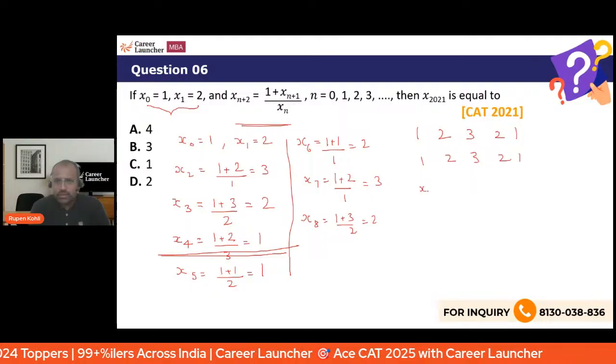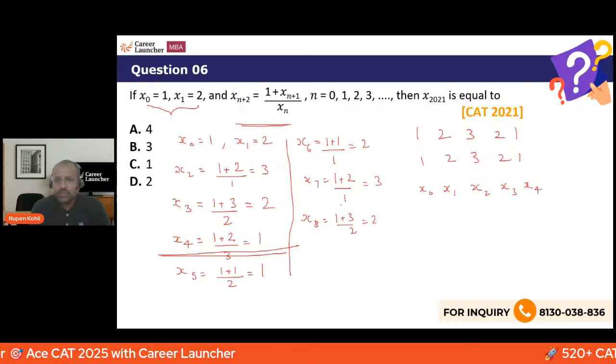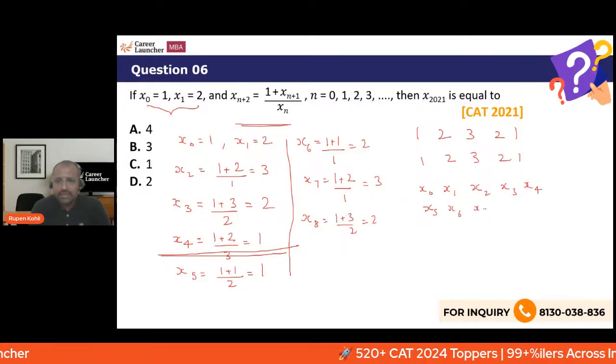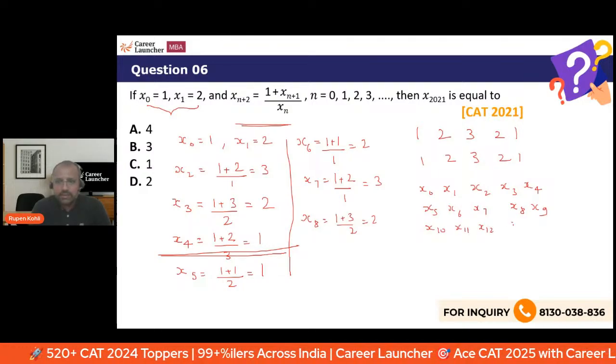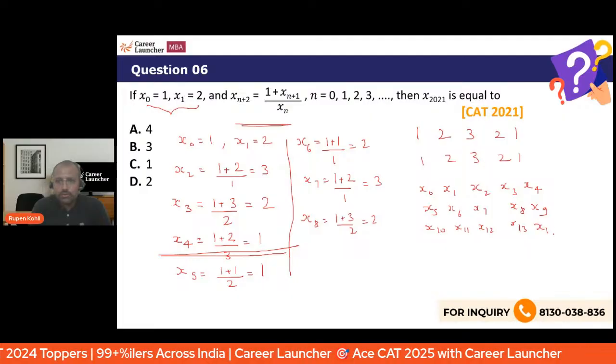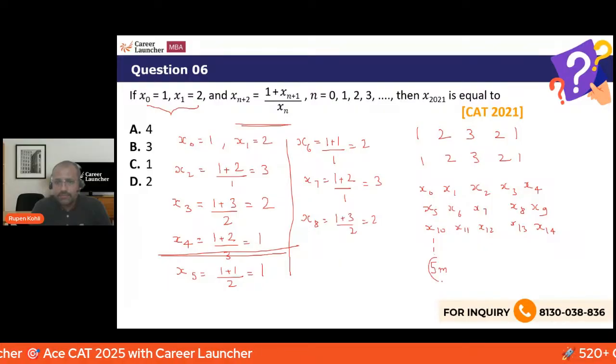So x0 is 1, x1 is 2, x2 is 3, x3 is 2, x4 is 1, and again x5 is 1, x6, x7, x8, x9, x10, x11, x12, x13, and so on. What I'm trying to show you is that if the term number is a multiple of 5, then your term is 1.